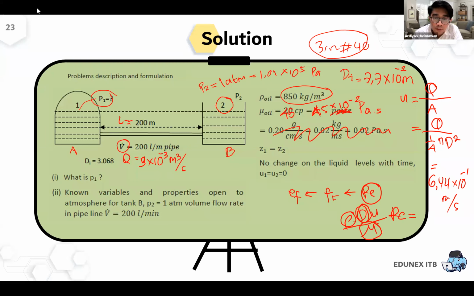Have you got the value already? Density times diameter times velocity, divided by the viscosity.